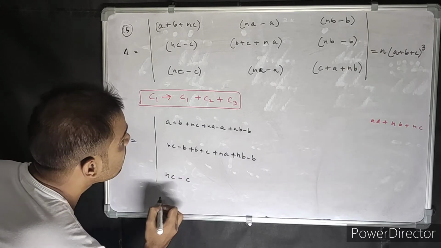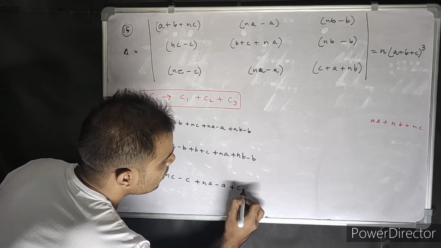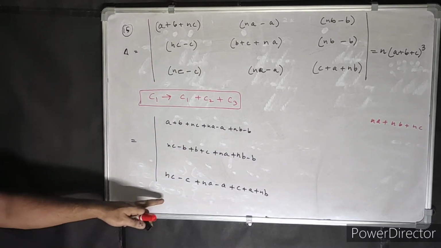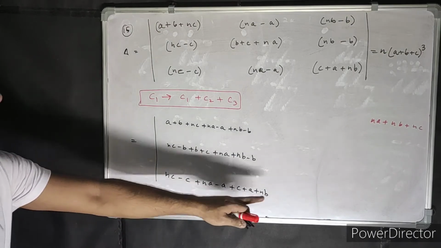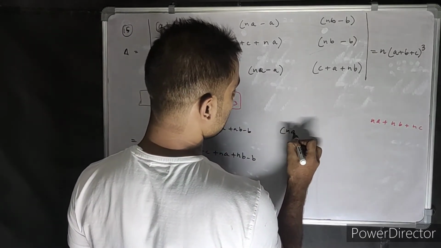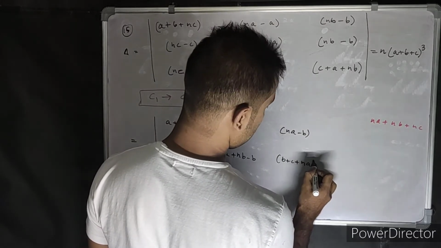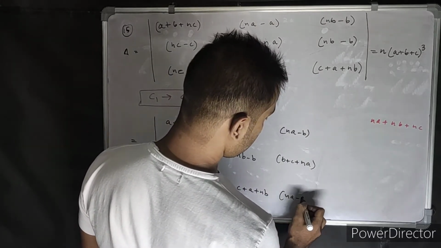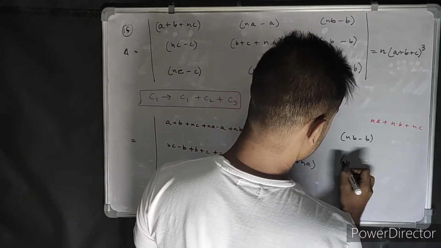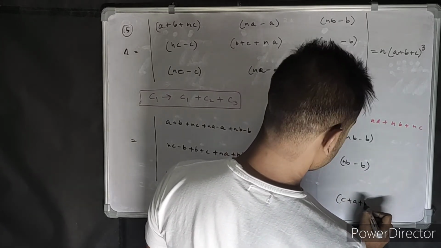Then nc minus c plus na minus a plus c plus a plus nb. Did I miss something? Nc, no, I don't think so. Now rest is all copied. na minus b, b plus c plus na, then na minus a, nb minus b, nb minus b, and c plus a plus nb.